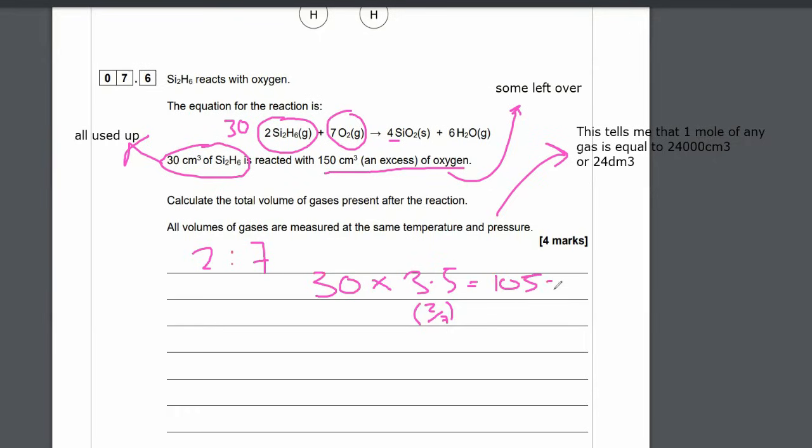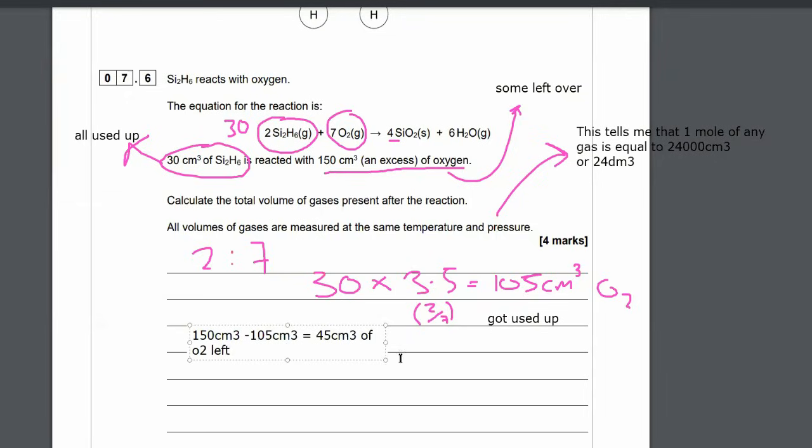So we know that 105 centimeters cubed of oxygen got used up. How much was left? Well, they told us there was 150 centimeters cubed of oxygen, and they said it was in excess. They said there'd be extra. So we do 150 centimeters cubed minus 105 centimeters cubed, and that is going to equal 45 centimeters cubed of O2 left.